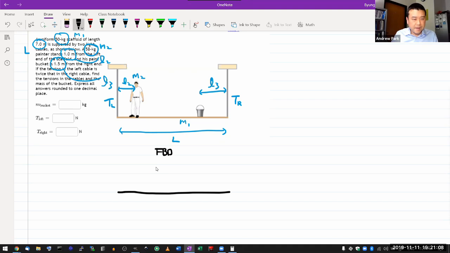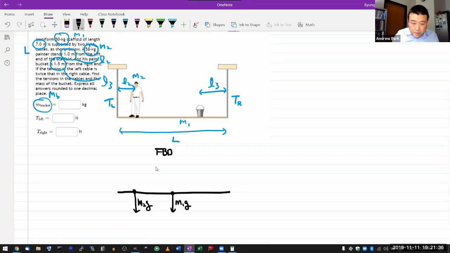So I have the mass of the scaffold, from which I can get the gravitational force on the scaffold, M1G. And I have the painter, who is going to be applying a normal force on the scaffold equal to M2G. Oh, and I don't know the mass of the bucket. So that I don't have to spell out bucket each time, let me call this MB.